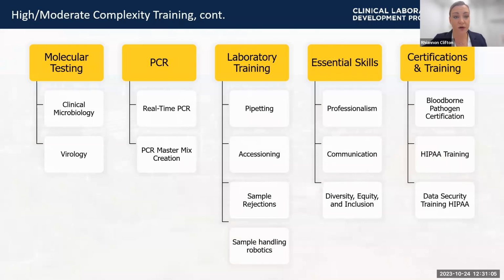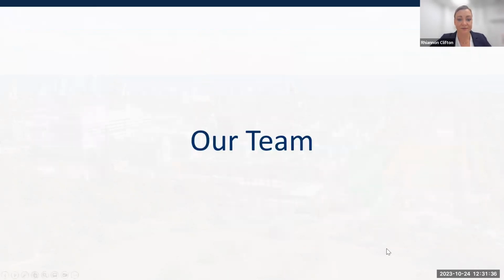We also will work with our apprentices to produce, I like to call it a portfolio, but a hiring packet, if you will, with all of their certifications, their certificate of completion for that first 16 weeks, their transcripts, everything that they would need for someone to review upon hire, so that it makes it easier on the recruiting and hiring staff at the labs that they're applying to after the program ends. Next slide, please.